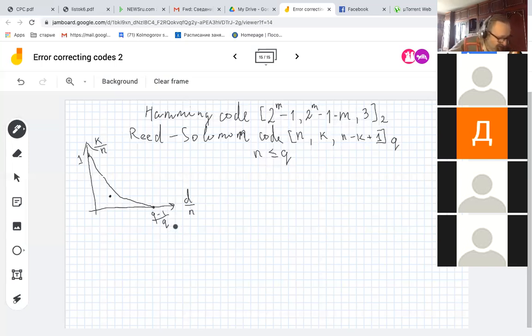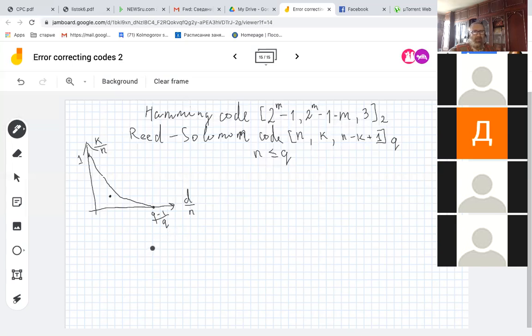So they can't be used in practice because if block length is large enough, then the set of all code words, first of all, is hard to find. But even if we have found them already, there could be no efficient one-to-one correspondence between messages and code words. So even the encoding might be non-efficient.